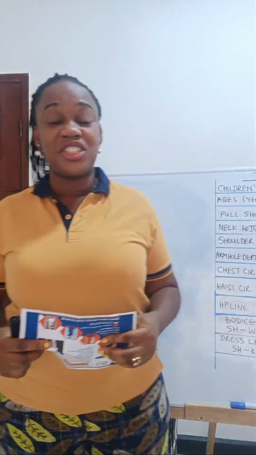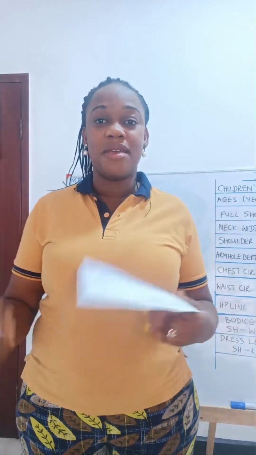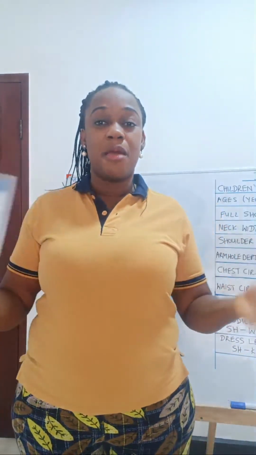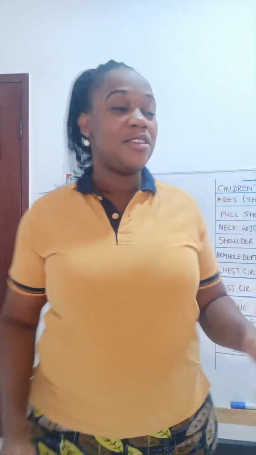One thing you need to know about the body measurement chart is that it varies with children. If you have the child, the customer, in front of you, it's always good to measure her and then make her dress accordingly. However, if you are not able to get the customer in front of you, or you want to make ready-to-wear clothes, then you can use the chart as a guide.